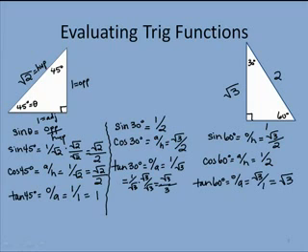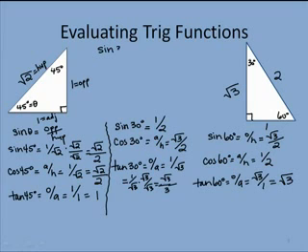Okay, now, do you see any of these functions that are the same? Are any of these the same? There are some that are the same. Let's write these out here.